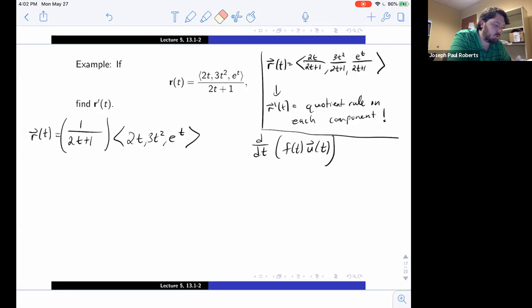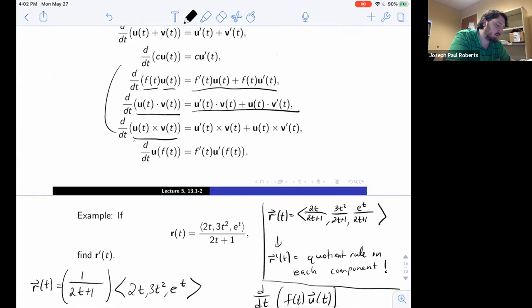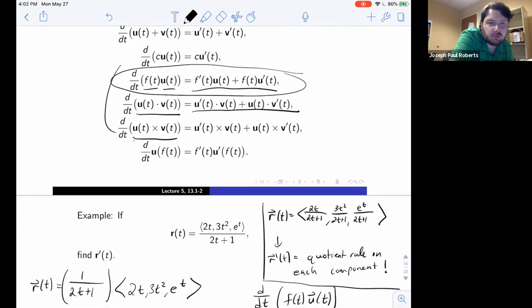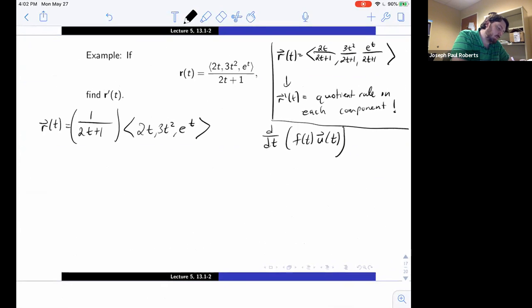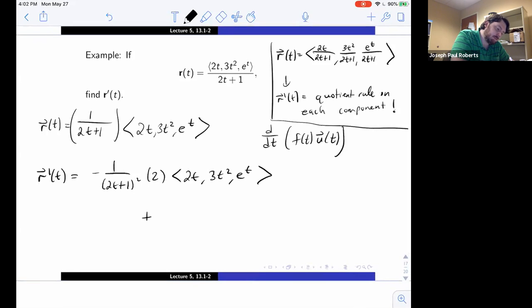And so what we'll do is use the scalar function vector function product rule. So r prime of t, I get minus 1 over 2t plus 1 squared times 2 times our vector function plus scalar function times the derivative of the vector function.